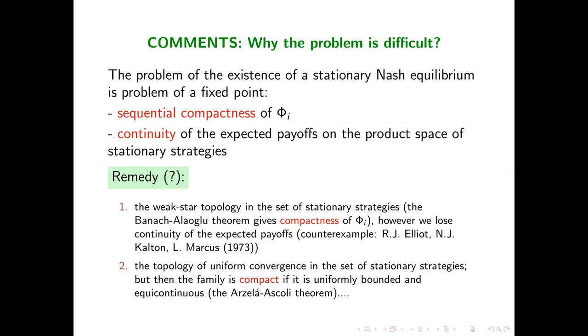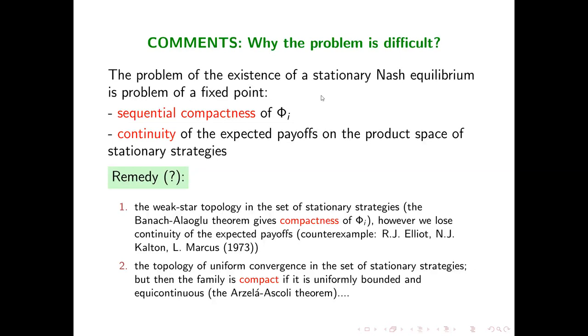The first one is to introduce the weak-star topology in the set of stationary strategies, and the Banach-Alaoglu theorem gives the compactness of Φ_i. However, in this case, we lose continuity of the expected payoffs. And a counterexample was given many years ago by Elliott, Kalton and Markus in a paper published in SICON.